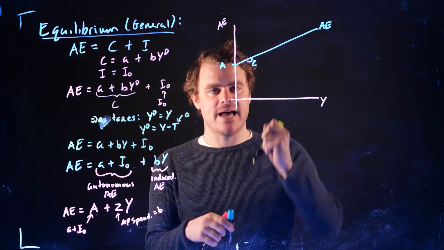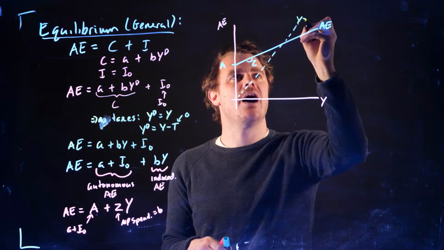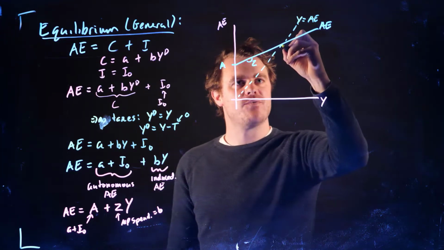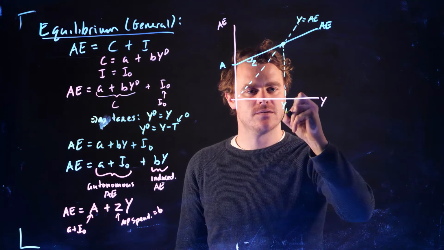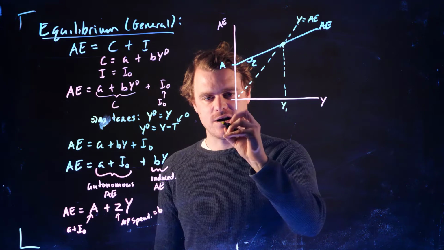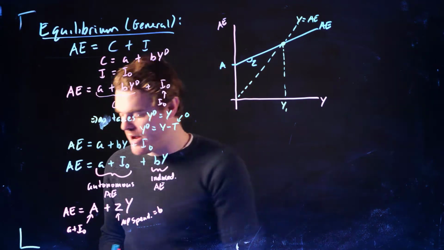And then we have this equilibrium condition, which is this 45-degree line where Y equals AE. And so essentially, if we're solving for equilibrium, we want to solve for this point here. Maybe I'll specify that we're going to solve for equilibrium here.